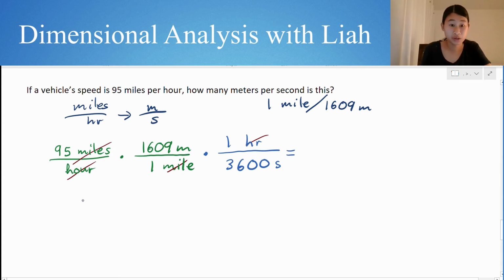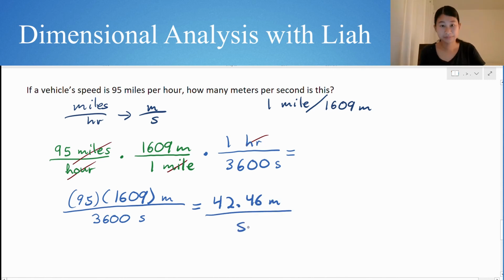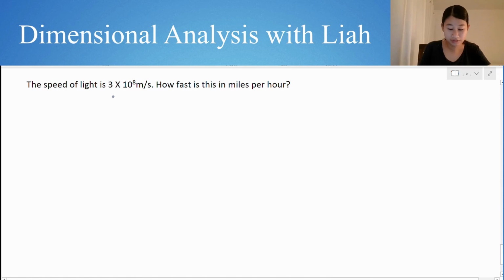So with the units we want, we just multiply straight across, so 95 times 1,609, and that will be meters on top, all divided by 3,600 seconds. This gives us about 42.46 meters per second.